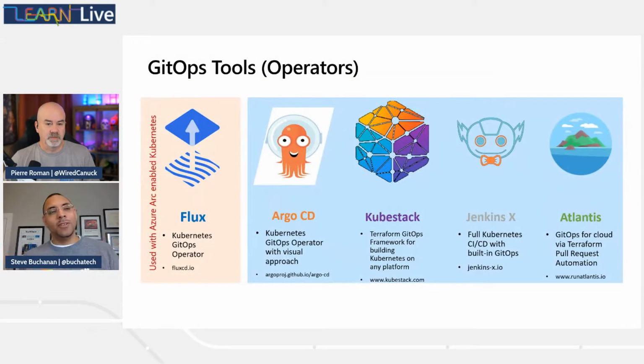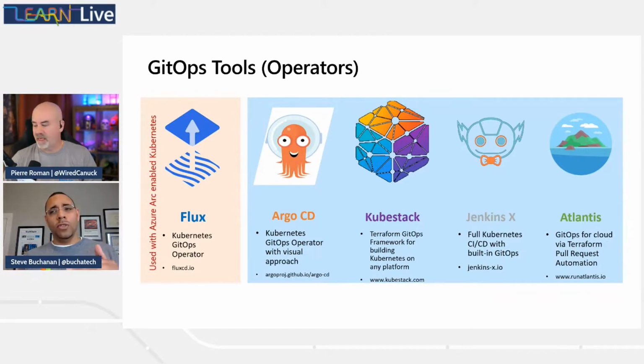So I wasn't trying to give this away on the previous slides. So there's actually many tools out there for GitOps, and these are called GitOps operators. Okay. The one that's used with Azure Arc as of right now is called Flux. And we're not going to dive deeper into this, but you can use Argo CD, which is probably the number two, with your Kubernetes clusters, even if you're using Azure Arc.